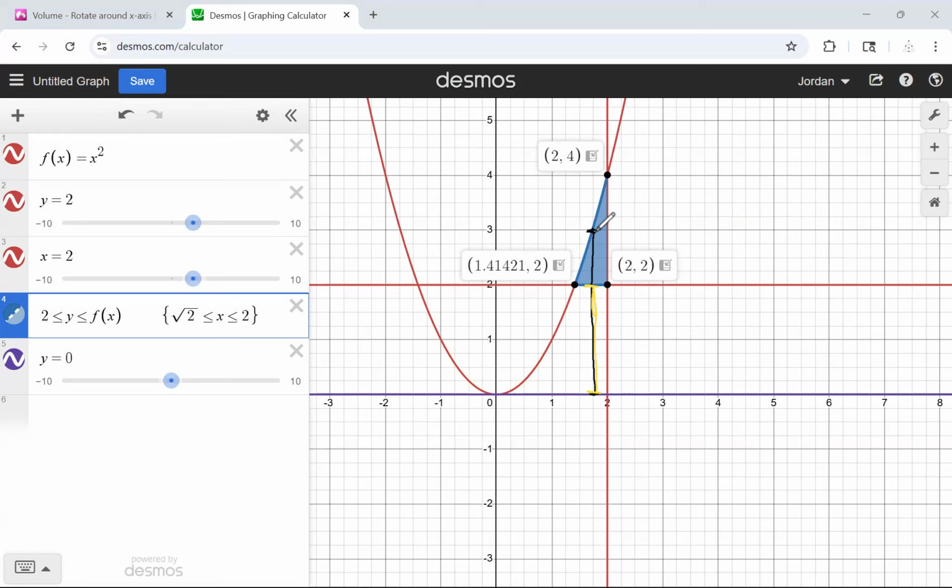And if I do a disk method with the outside radius being the longer rectangle and the inside radius being the shorter rectangle, so disk method minus disk method, then I'll get what I want. But we have to be careful. Our bounds are going to be root 2 to 2 in terms of x values.